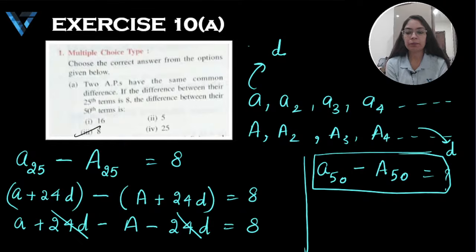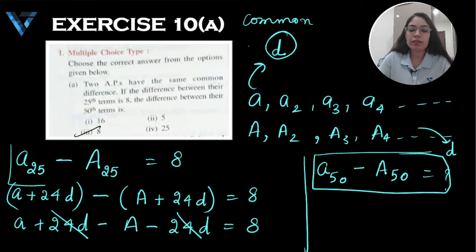So is it clear? In this question, two sequences were given to us. Both sequences I wrote in a different way: the first one with small letters, and the second one with capital letters. The common difference is the same, so we can write both differences as small d.